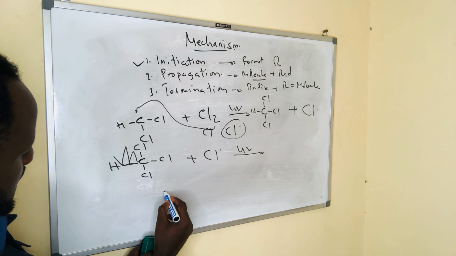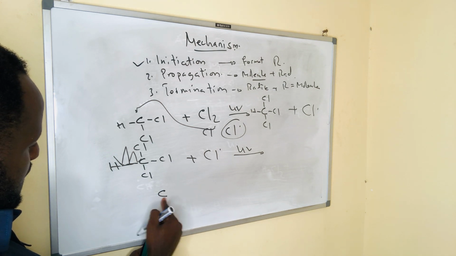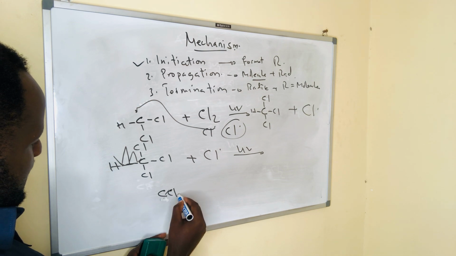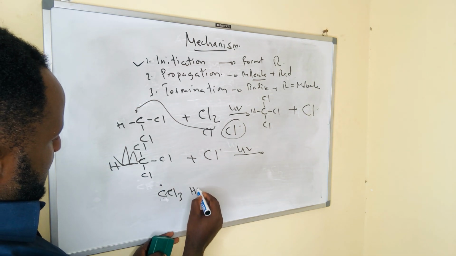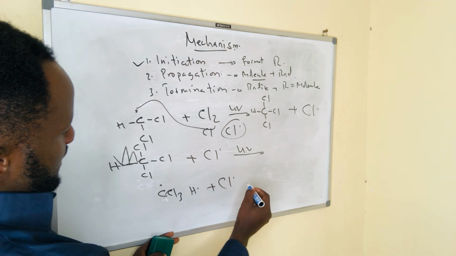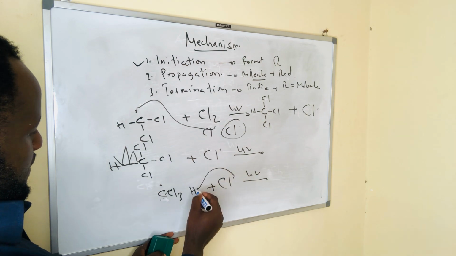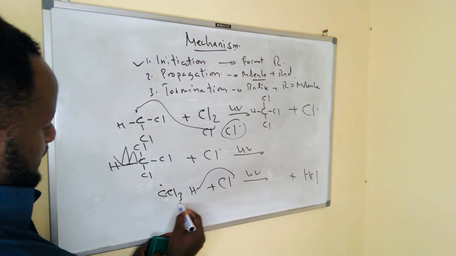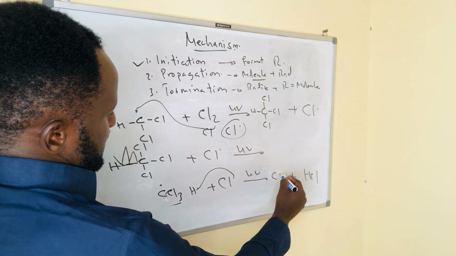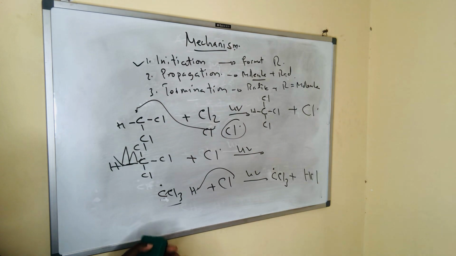So carbon, Cl3 radical, and then you have hydrogen radical plus chlorine radical. You see? So here it will be HCl plus carbon Cl3 radical.